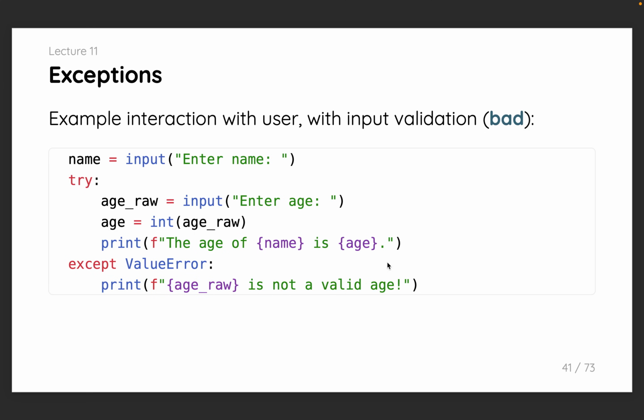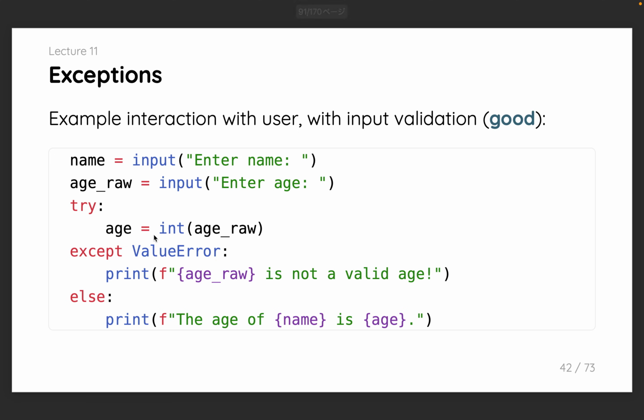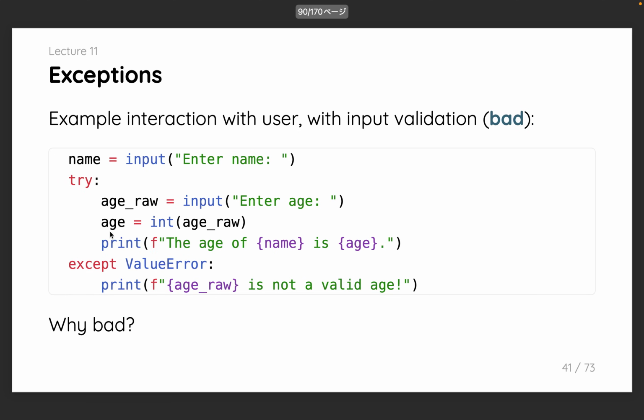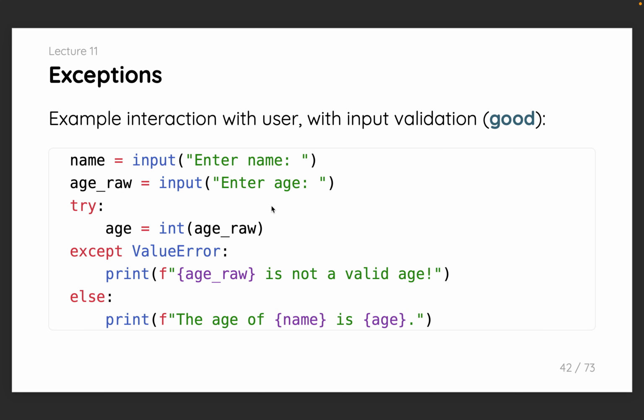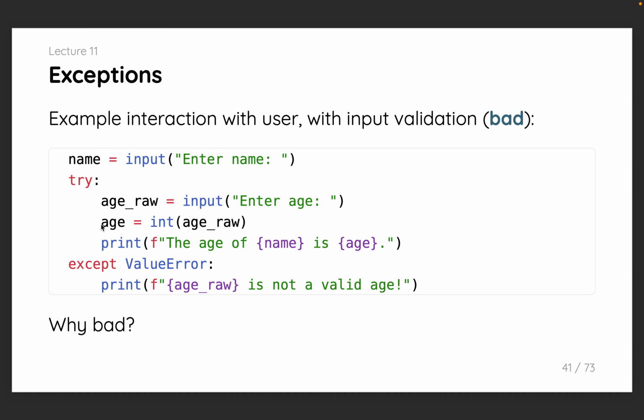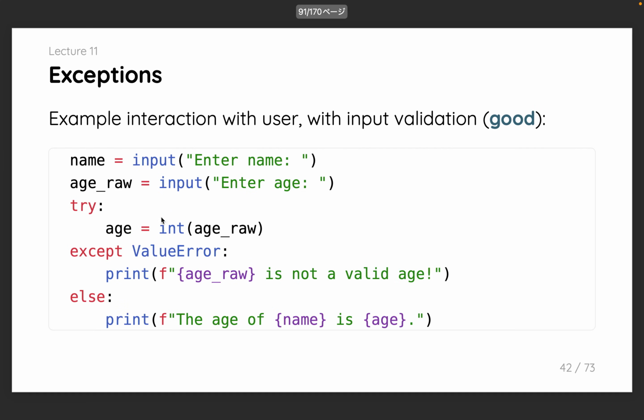Okay, so this is actually pretty bad. Why is that bad? Again, when it comes to try and except, you want to isolate the part that can error out as much as possible. So instead of writing this, we should write something like this instead. Here, I have pretty much the same lines of code, except I isolate the conversion to an integer inside the try block.